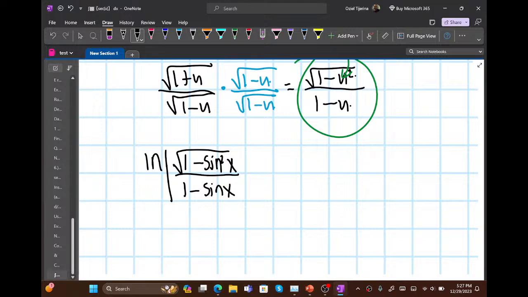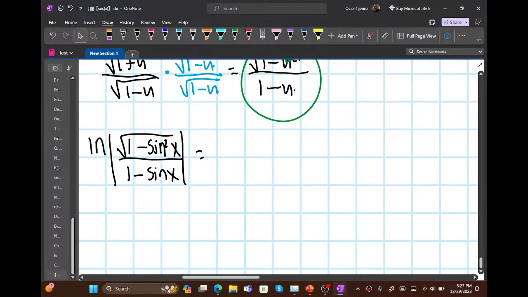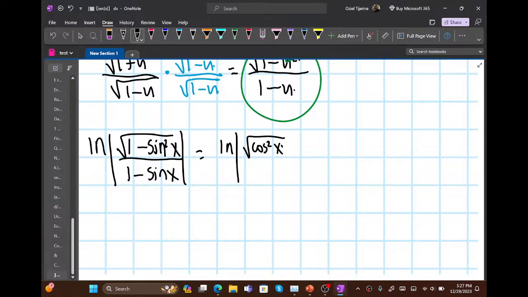Which is really equal to, it's really going to be the natural log of the absolute value of the square root of cosine squared x, because 1 minus sine squared x is cosine squared x.